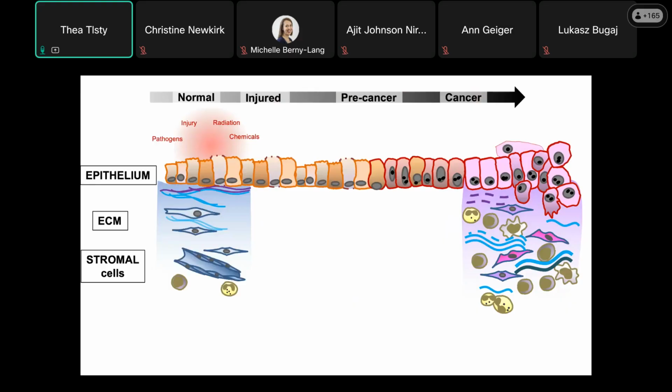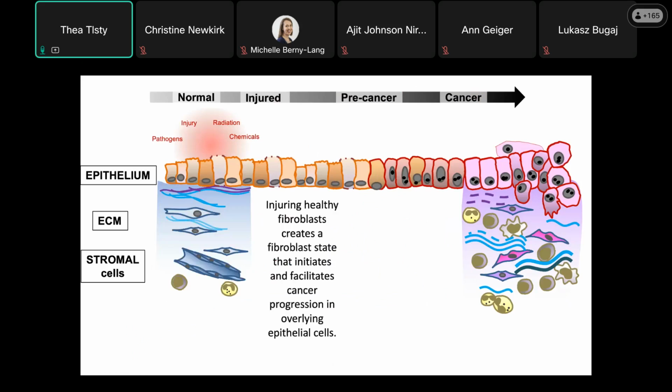And I'm going to show you that if you injure these fibroblasts in a variety of ways that I'll discuss, you actually change the fibroblast state. It now enters a state that can cause initiation and progression of the overlying epithelial cells. This state is induced by stress, injury, and what it does is it causes tension instructive signals.